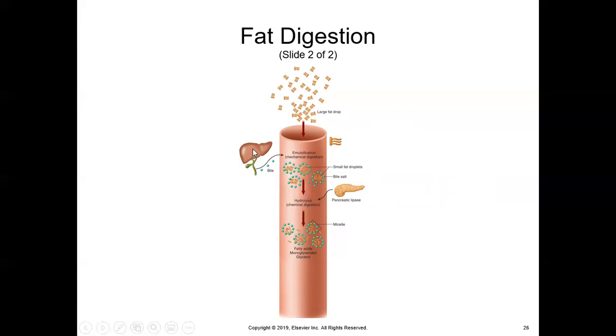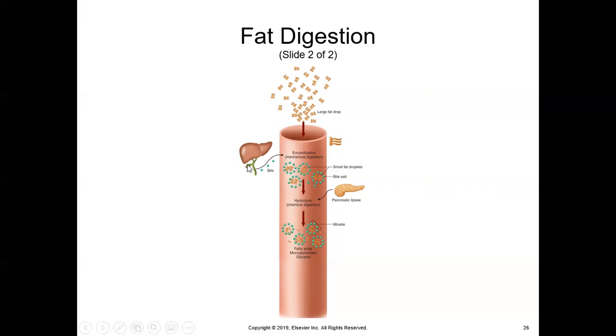So in this picture, I also want to describe that the liver continuously produces bile, and when the body doesn't need it, when it's not digesting fat, that bile is stored in the gallbladder. That's the gallbladder here.